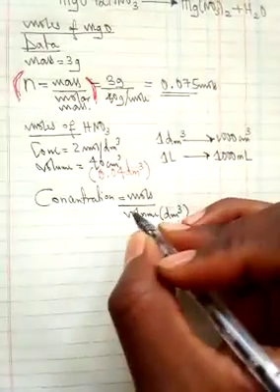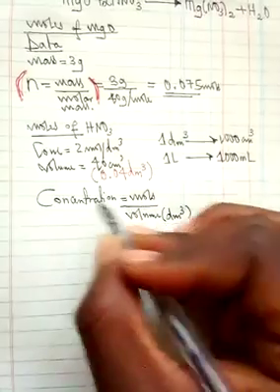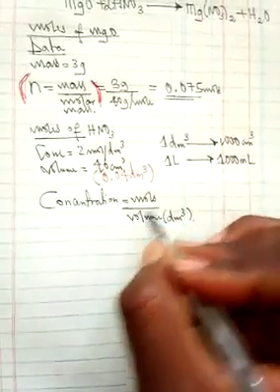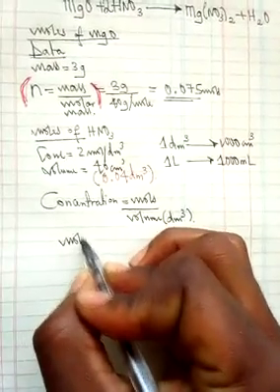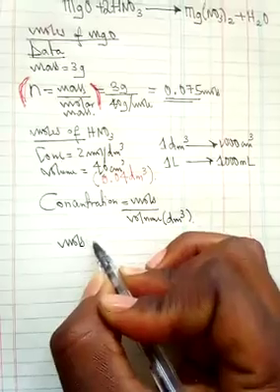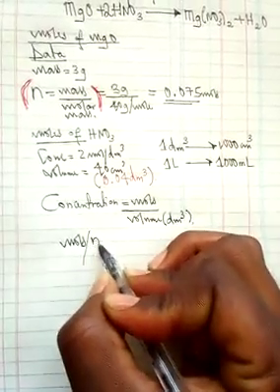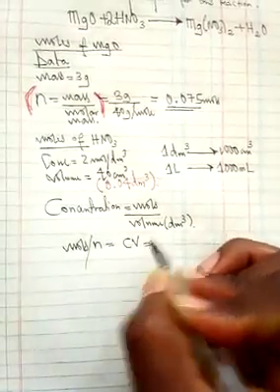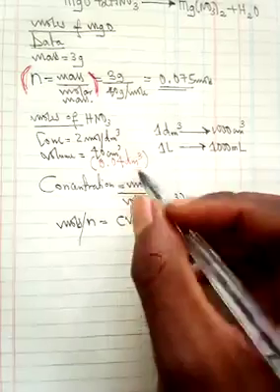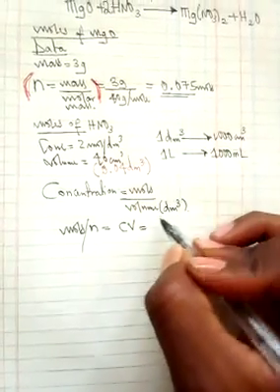So after that, we're just going to substitute our values here. Or if you want, you can make the number of moles the subject of the formula. So moles, or n if you want, will be equal to CV, where C is your concentration, which is 2 mole per decimeter cubed.